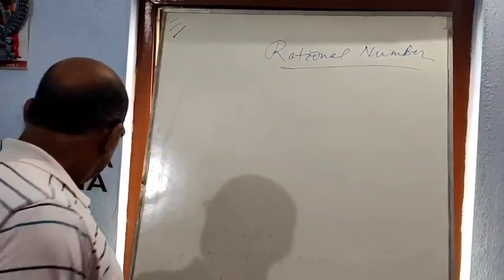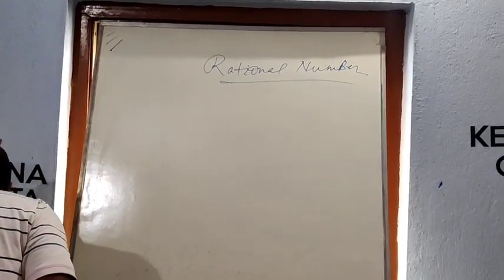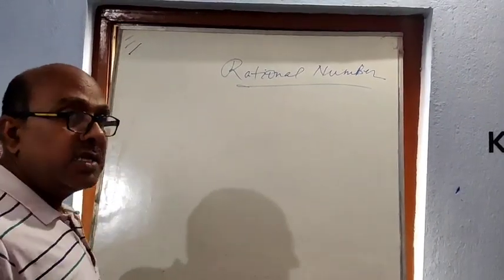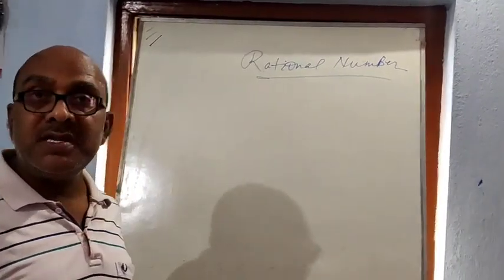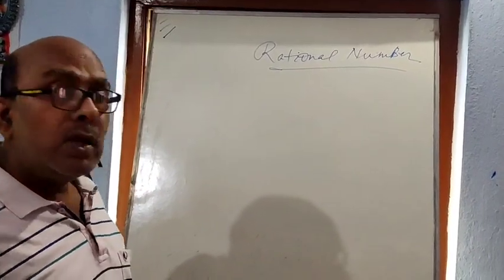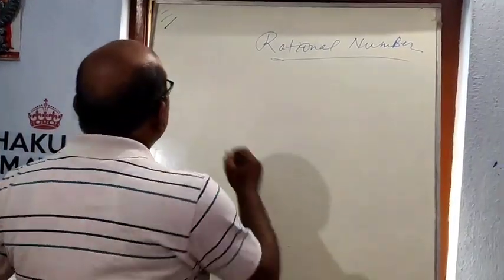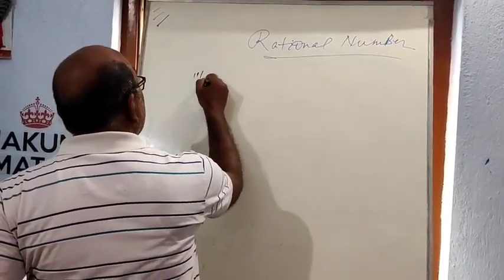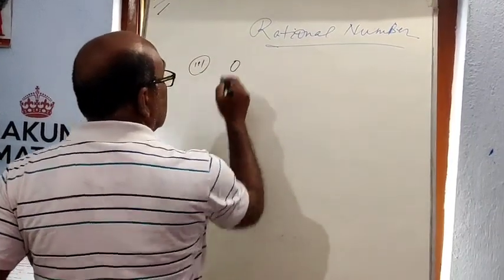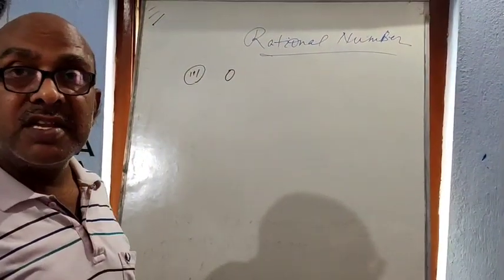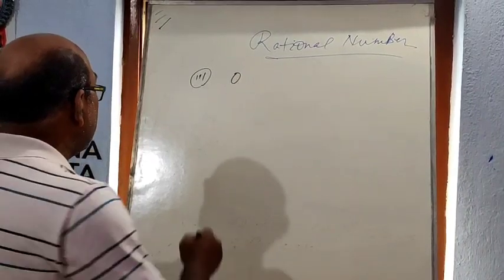Third of 10 is the rational number that is equal to its negative. Therefore, your answer is 0. 0 is equal to its negative. Now question number 11.